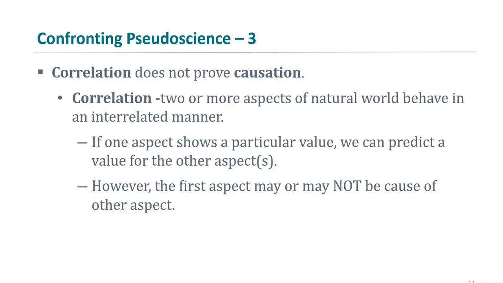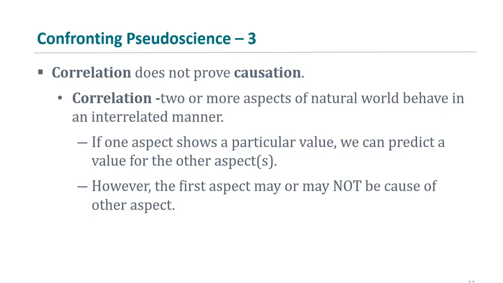So there's a classic example of an observed correlation between ice cream sales and drowning incidents, or I've heard ice cream sales and shark attacks, that there's a correlation between these, right? But one does not cause the other. So increased ice cream sales do not cause more people to drown.